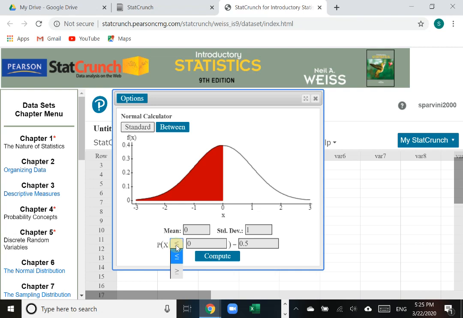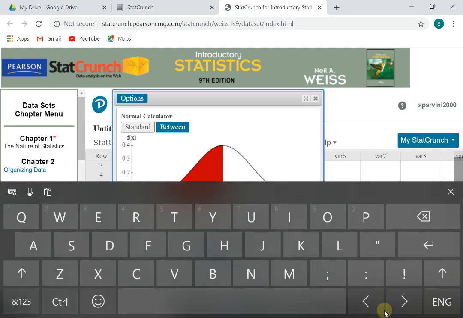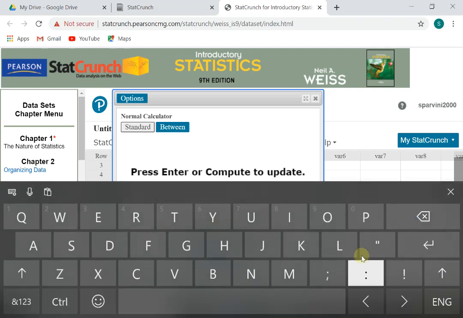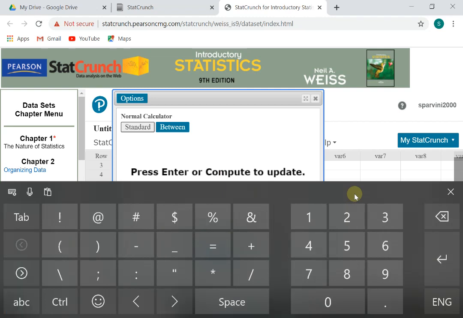So let's say we want to find a probability. Our first example we had, I believe, probability of less than 1.35. So I'm just going to go here and type 1.35.